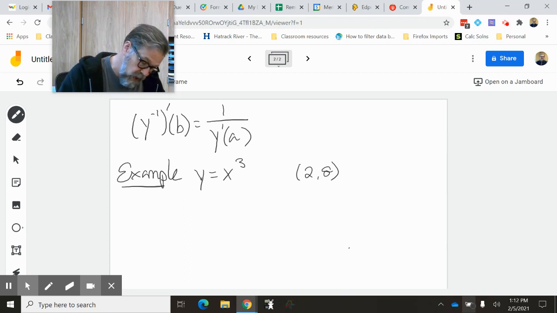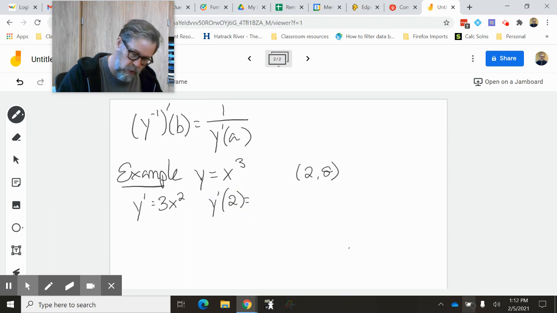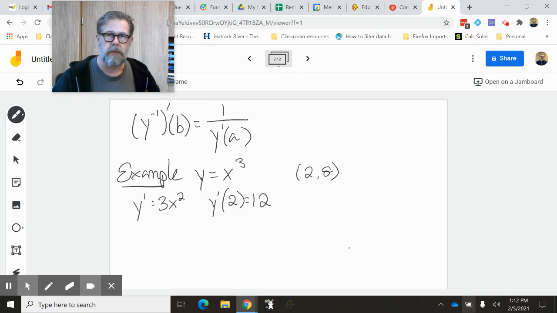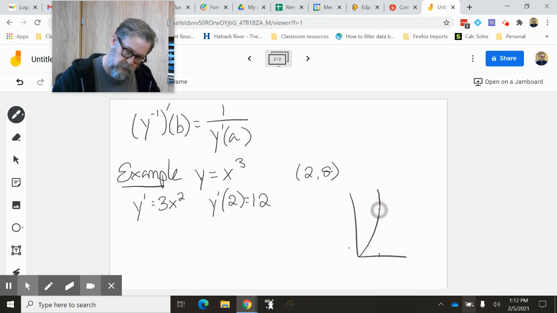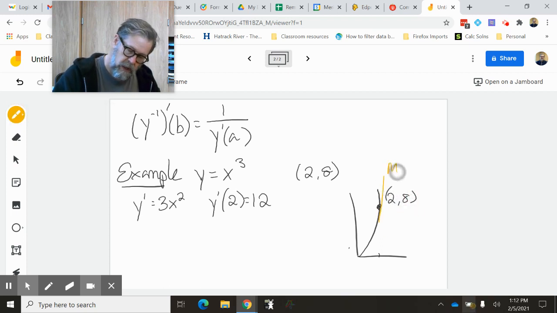So the derivative of the original function is 3x squared. So the derivative at x equals 2 is 12. All right, so looking at my graph, if I graph y equals x cubed, there's a point 2, comma 8. And the slope of this tangent line, m equals 12.